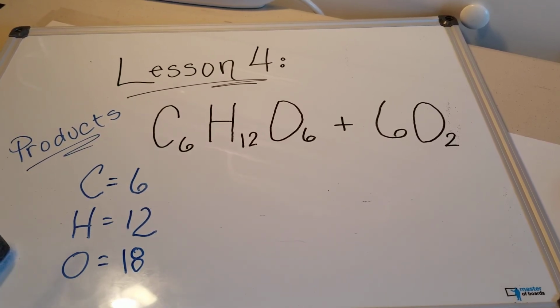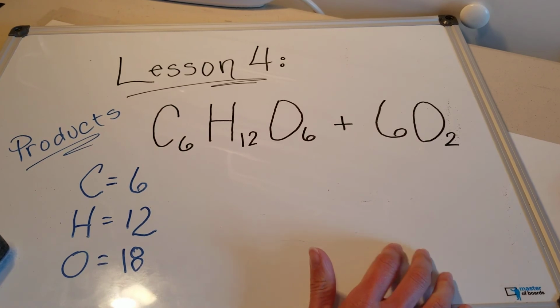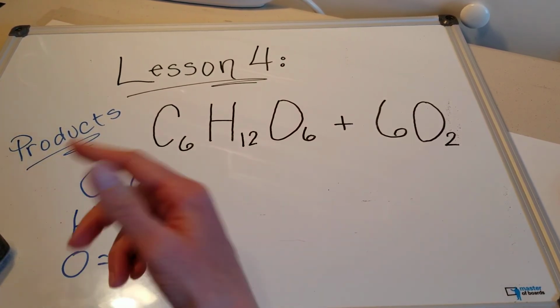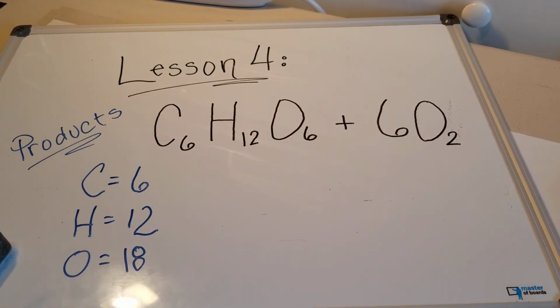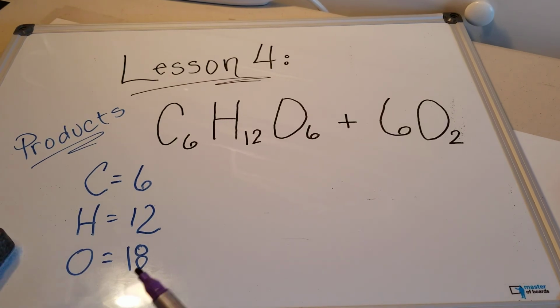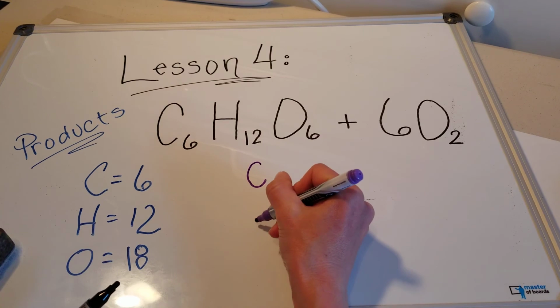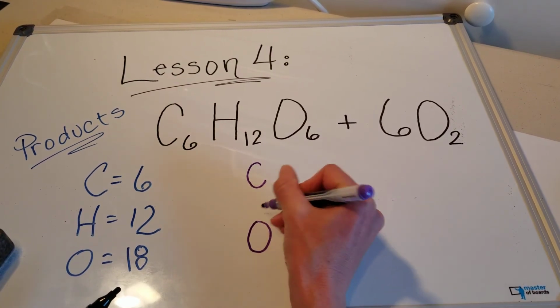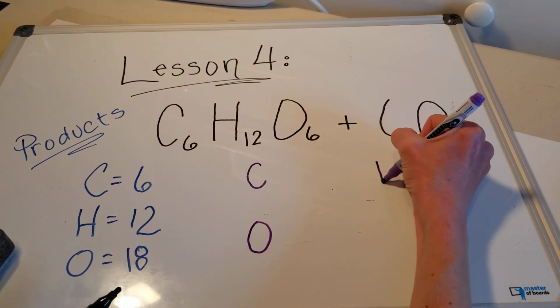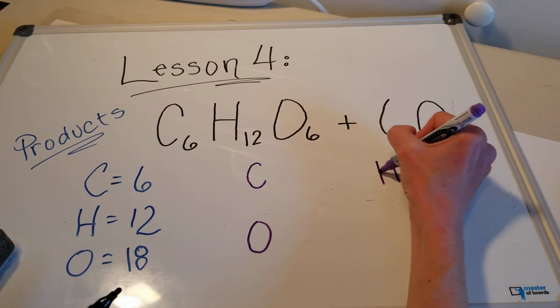And so that's what we're trying to find. That's how we will know that matter was conserved, that we have all of the same atoms that we started with. So we'll start out here with carbon. We'll do oxygen just like we did before, and hydrogen as well.